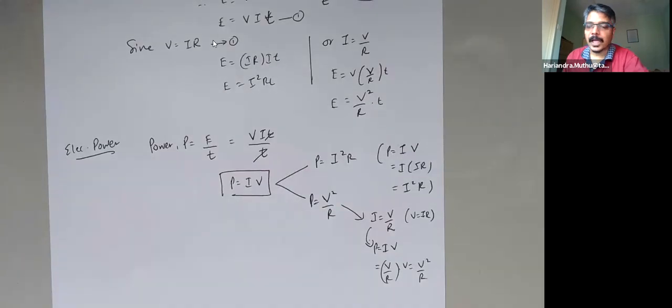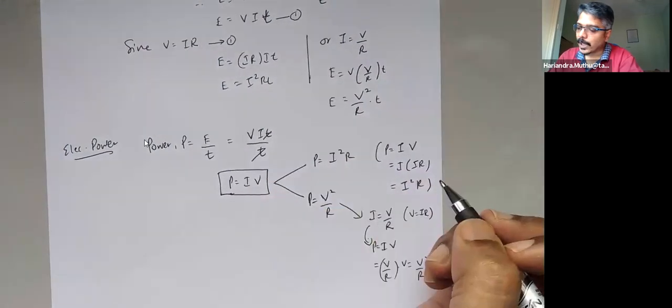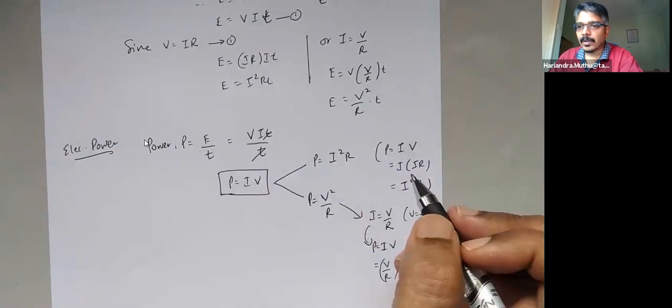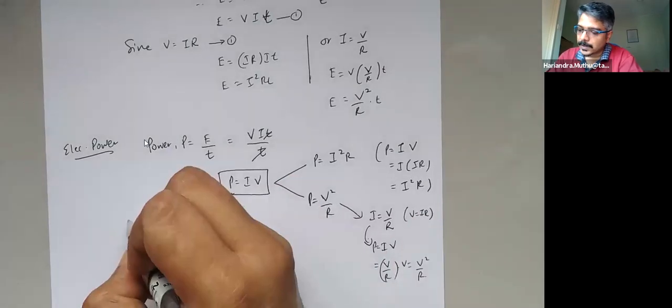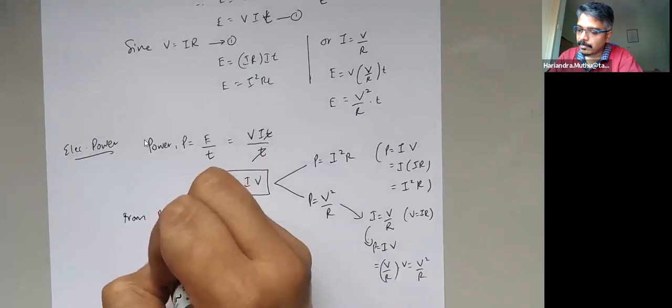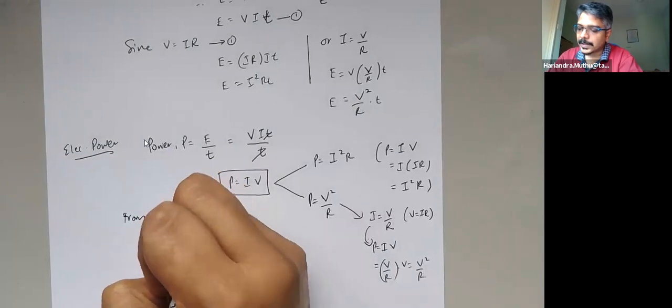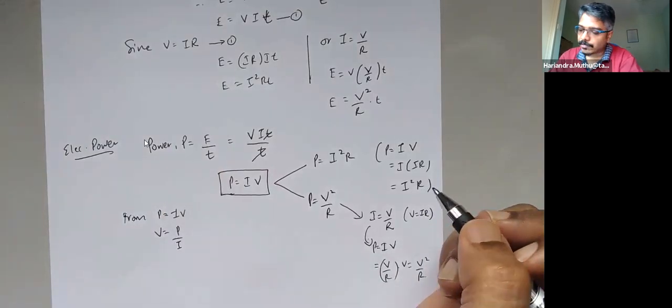Okay, and we can use this equation, P equals IV, to give an alternate definition for potential difference. So from P equals IV, V equals P over I. So this is the alternate definition for potential difference.